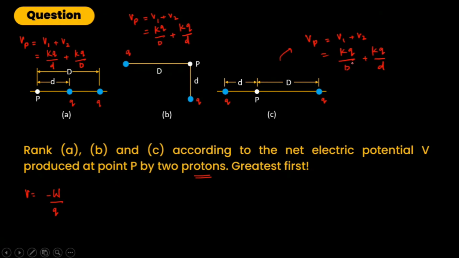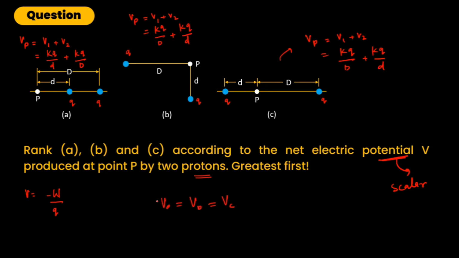If you just try to look at the values, as we already understood this particular fact that potential is a scalar quantity, so it doesn't matter how the charges are being placed. What matters is at what distance they are placed. If they are placed at the same distance, it is going to be the same. So in all the three cases, potential is same.